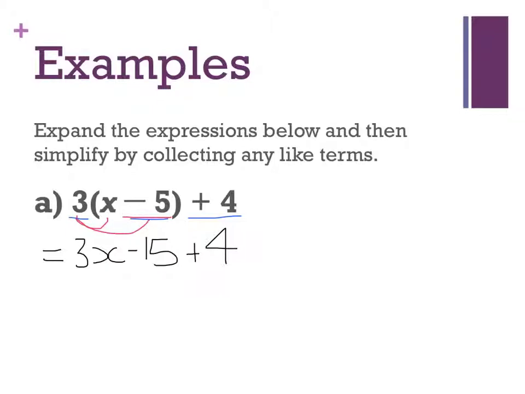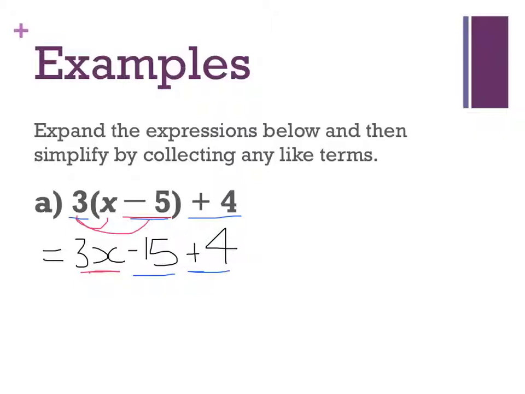Now, there are some like terms in this statement. I've got 3x, that's by itself as one type of term. But then I've got negative 15 plus 4. These are both plain integers with no pronumerals associated. So I can actually simplify this. If it's negative 15 degrees, I'll do it by analogy because most of you seem to work like this. If it's negative 15 degrees and I get 4 degrees warmer, that's going to be negative 15 plus 4.